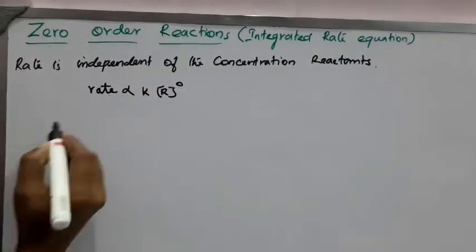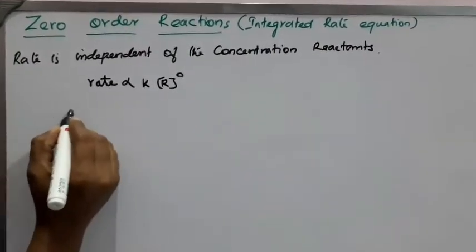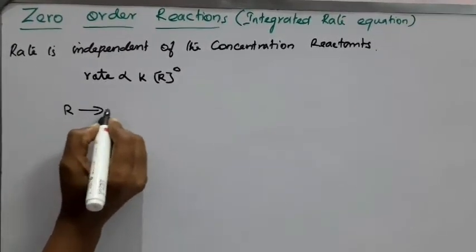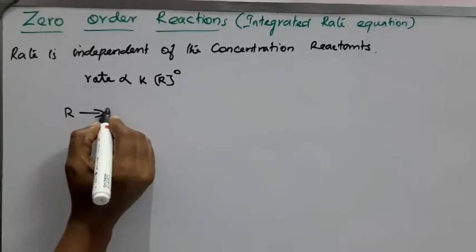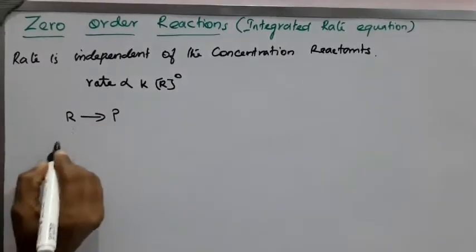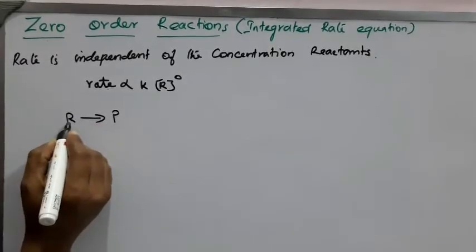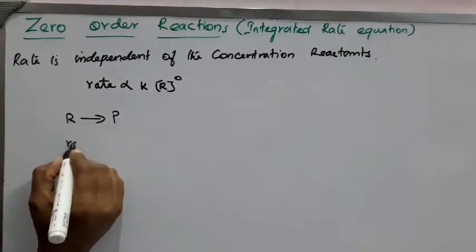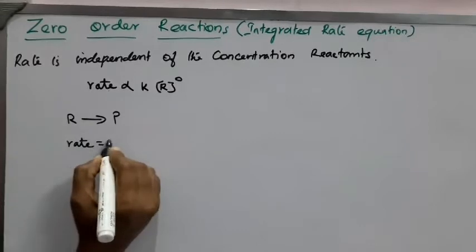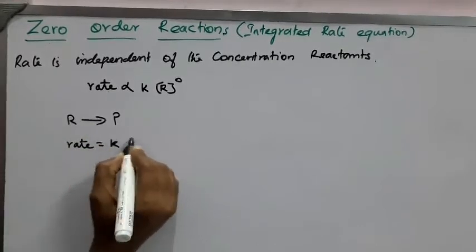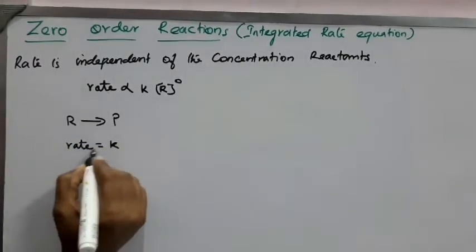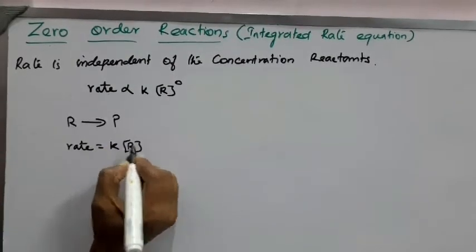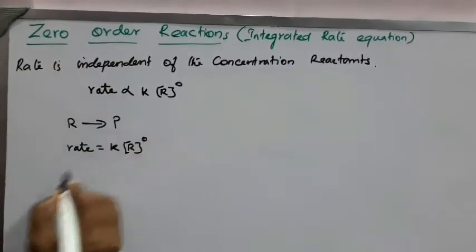Right, suppose we consider one reactant R giving the product. So our reactant reacts to produce product. How can you write the rate of the reaction for this reaction? Rate of reaction equals rate constant, and the rate is always dependent on the concentration of the reactant; here, zero order, it is raised to the power 0.